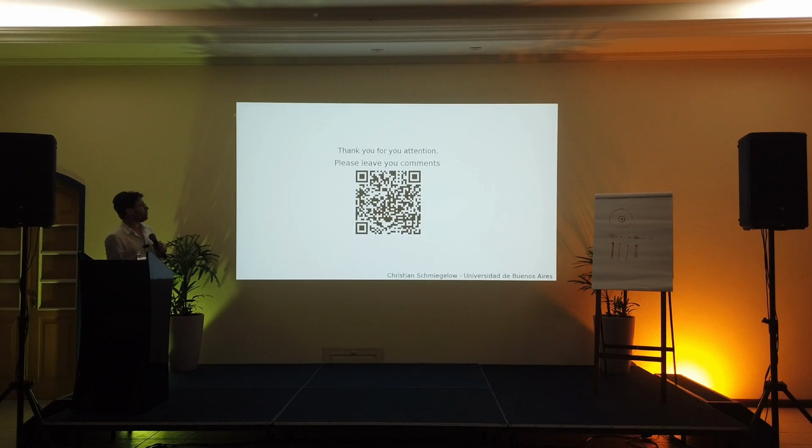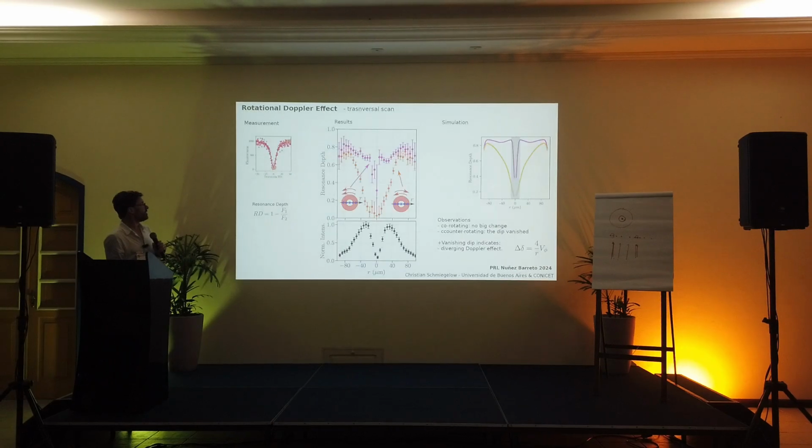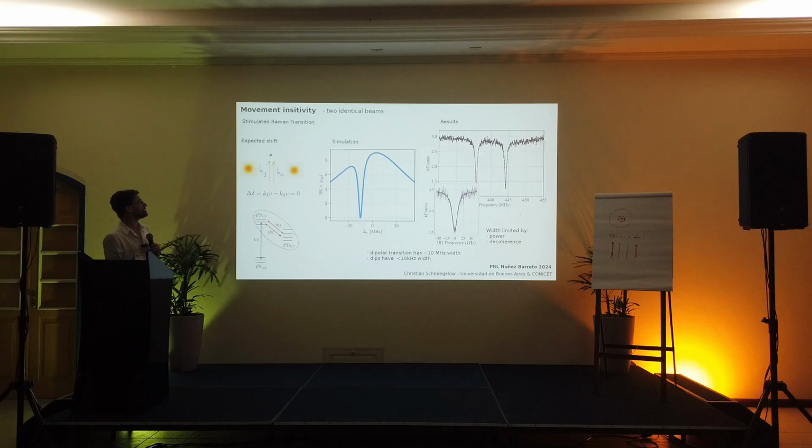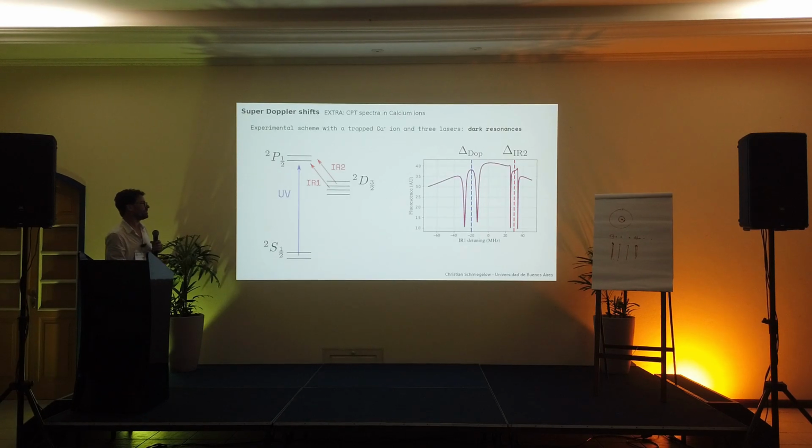So I would say the CPT phenomenon is affected by the Doppler shift, so it has to be the same beams. In our experiment, the laser configuration is a bit complicated because we have this beam that pumps population into these states, and then we observe the resonances between these states.